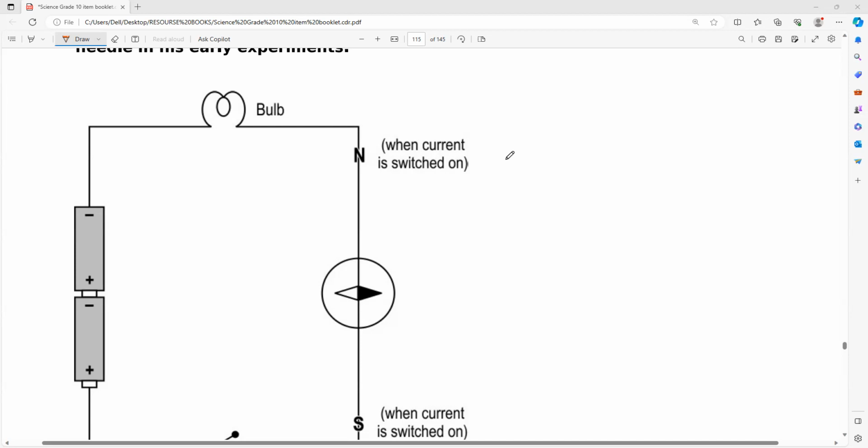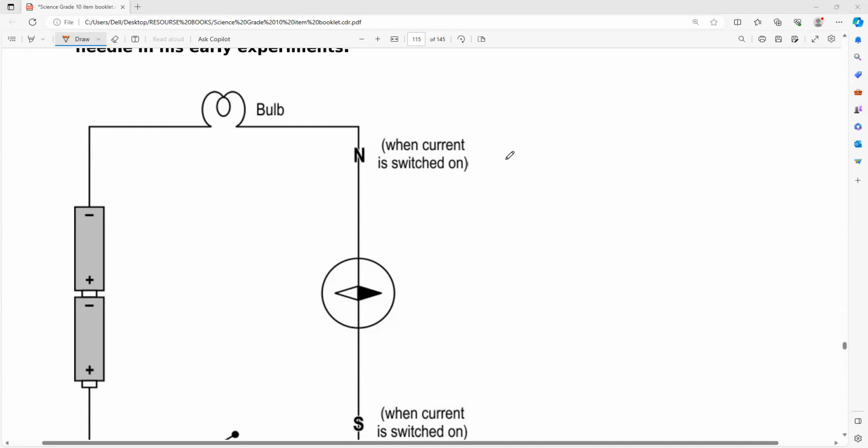Parallel to the current carrying conductor. Verify your classworks, you have drawn three pictures. You can check it: deflection towards east or west, and next, no deflection where the magnetic compass is perpendicular to the current carrying conductor. Have you checked it, everybody? Yes or no?